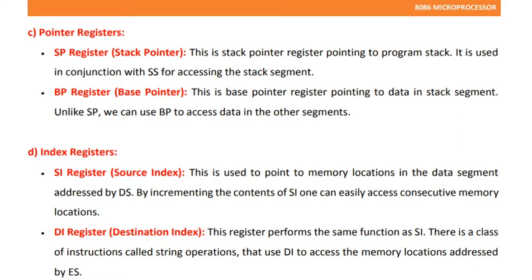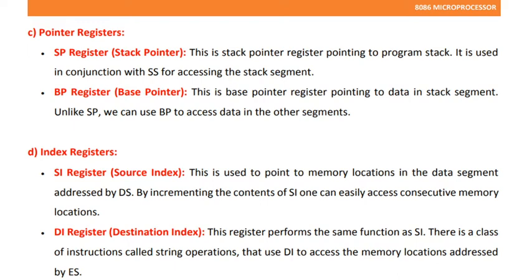It is used in conjunction with the stack segment register for accessing a specific byte in the stack segment. Again, I'll repeat it. The stack pointer register is a register pointing to the program stack, and it's used in conjunction with the stack segment register in order to access a specific byte in the stack.